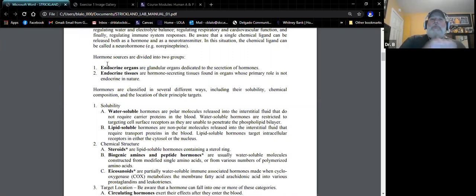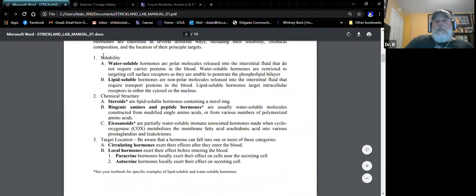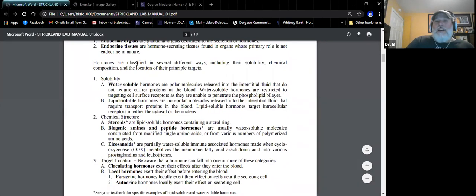Now we're going to go through on the model on the image gallery, and I'm going to show you on each one of those models, the endocrine organs and the endocrine tissues that you are responsible for identifying that are on the list in just a second. So we talked about solubility. That's one of the ways that we can classify hormones. We talked about why they would be water soluble and what that means, and why they're lipid soluble, what that means.